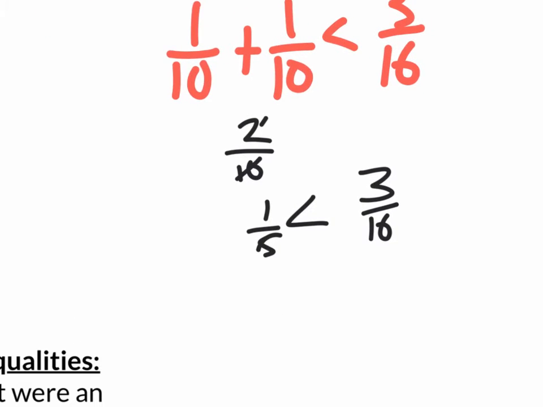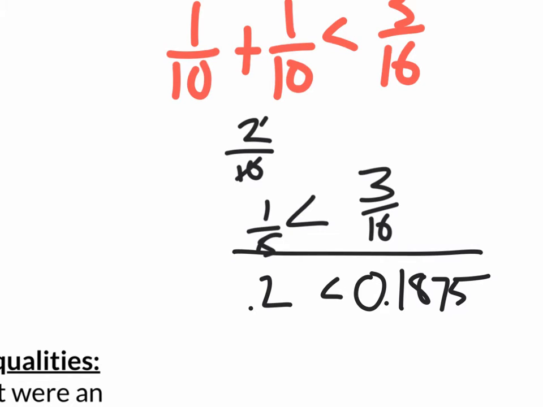If you do 3 divided by 16 on a calculator, that'll be 0.1875. And 1/5, if you go 1 divided by 5, that's 0.2. So the question is, is it a true statement that 0.2 is less than 0.1875? That's false, right? So this is a no.